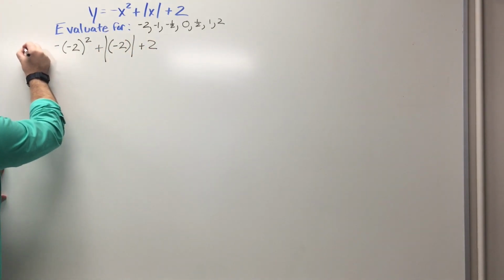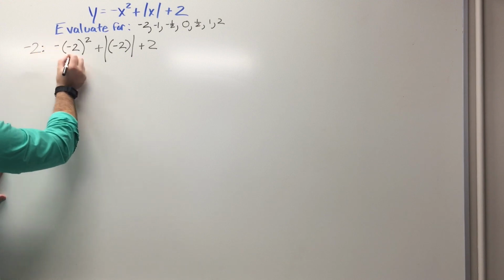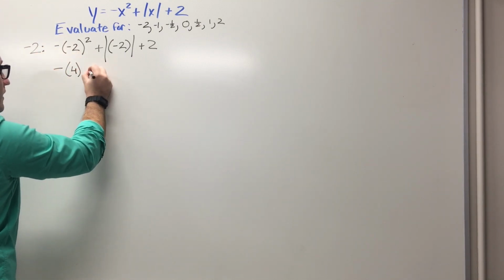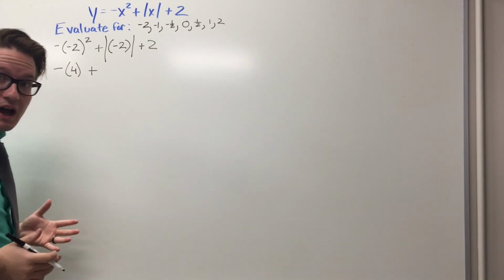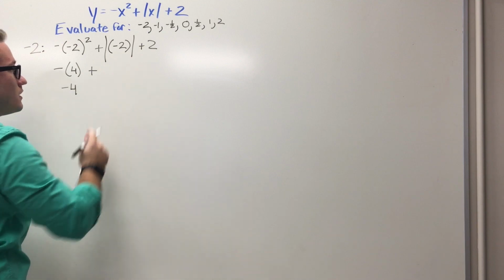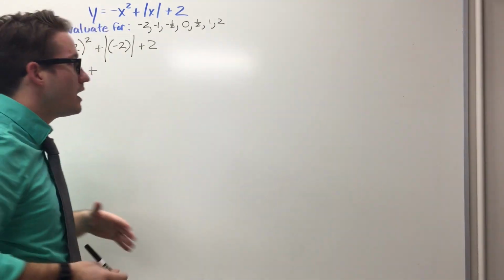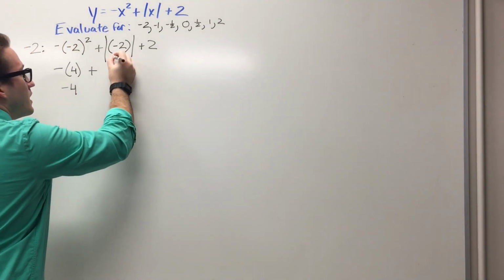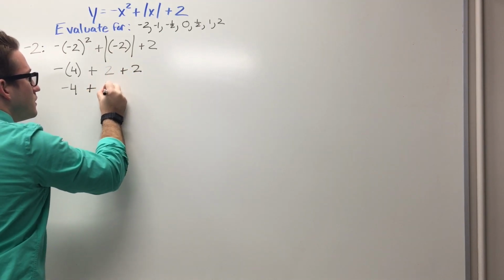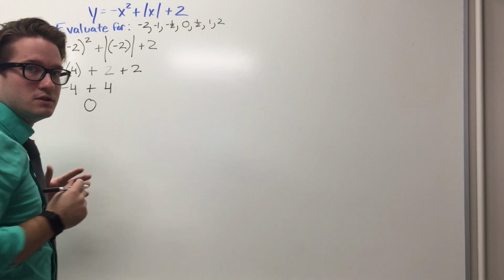Okay, I know that -2 squared is a +4, but the negative's outside of it, so therefore I can just change the sign to -4. Here, absolute value makes any number positive. -2 becomes +2. And this is actually 0.